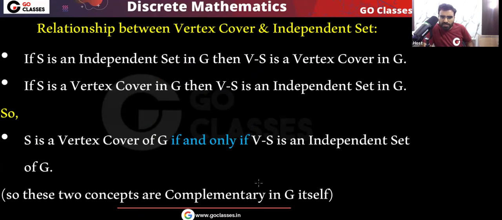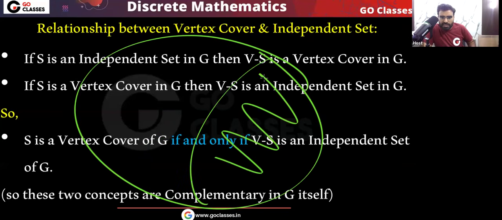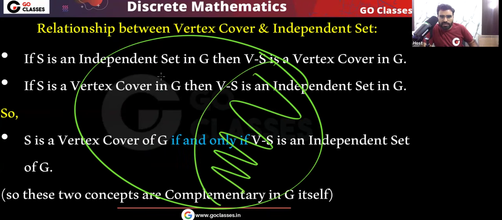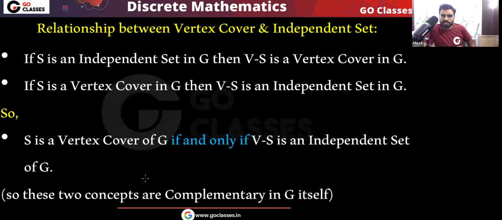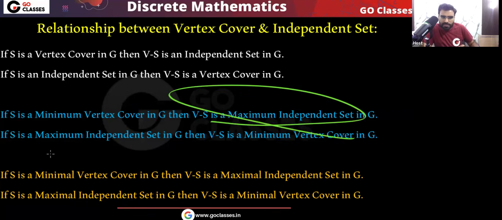So remember, these two concepts are complementary in G itself. In a graph G, if a subset of vertices is an independent set, then the remaining vertices will be a vertex cover. And if a subset of vertices is a vertex cover, then the remaining vertices will be an independent set. We also know that if S is a minimum vertex cover, then the remaining vertices will be a maximum independent set.